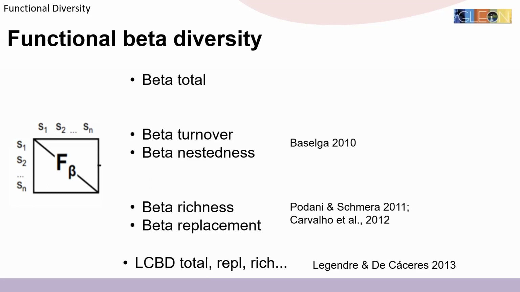So we have the total variation between sites, that is the total beta, which would be how my traits are different in my set of samples and environments. We can also partition functional beta diversity into the turnover, that is how one trait is replaced by another, and the nestedness, to see if my traits are nested.